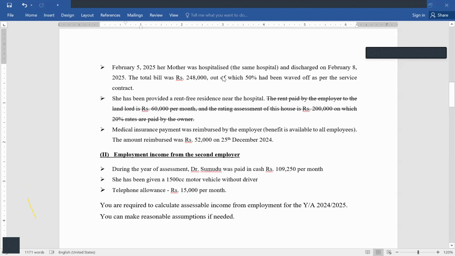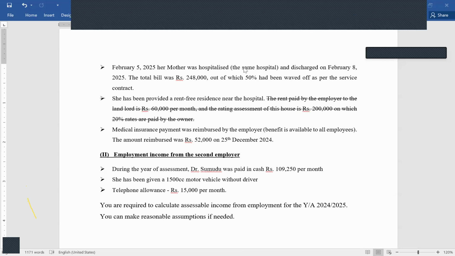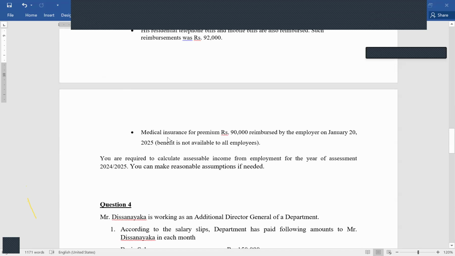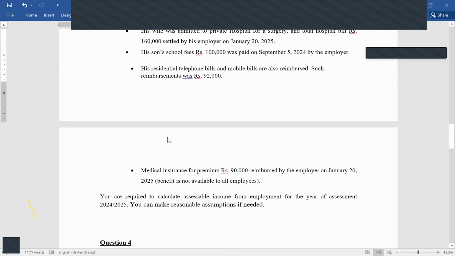That means he was given a discount, that is, a 50,000 discount was given. So at that time we considered 50,000 because that was the benefit. So for the hospital bill, we should consider the total amount.